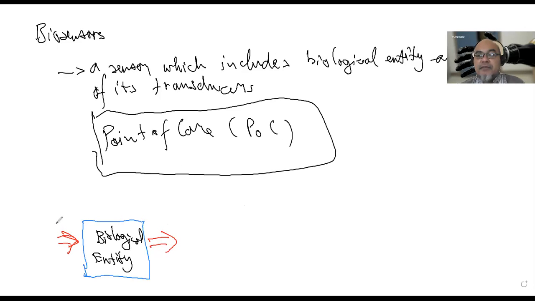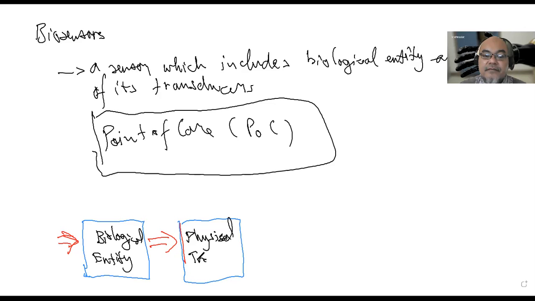And when the biochemical signal, whatever it is, for example in the form of molecules, proteins or cells, interacts with the biological entity in the sensor, it will create a certain physical signal, in the form of heat, in the form of electron transfer, etc. Then we can attach a physical transducer to detect the physical domain change in the biological entity. Then the rest will be the same.